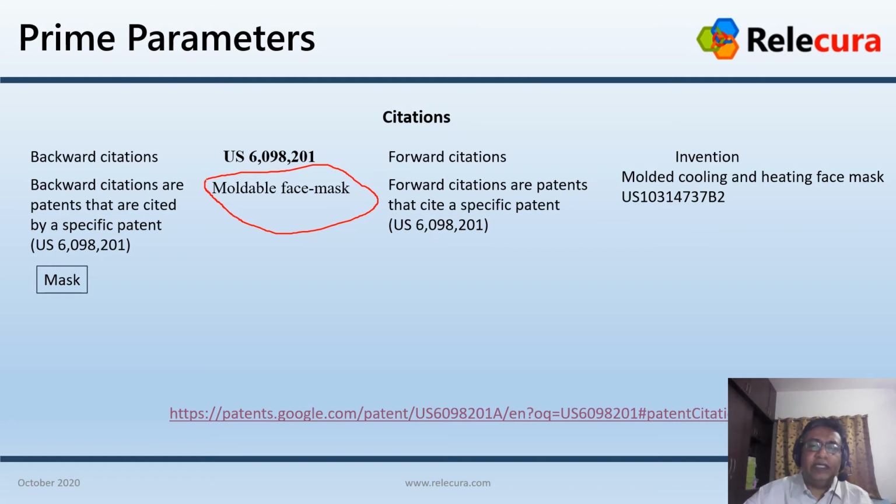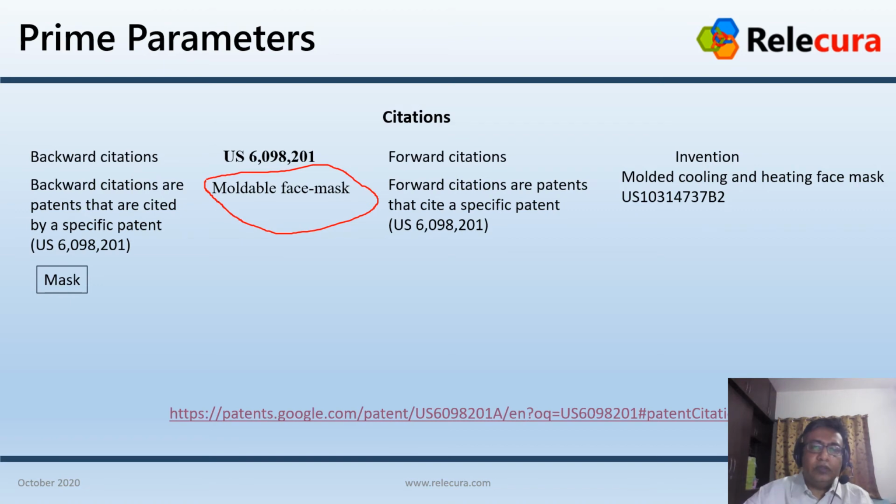So the forward citation of this patent 6098201 is this patent, which is talking about moldable mask plus cooling and heating, and the patent which is talking about only mask is the backward citation of this patent.